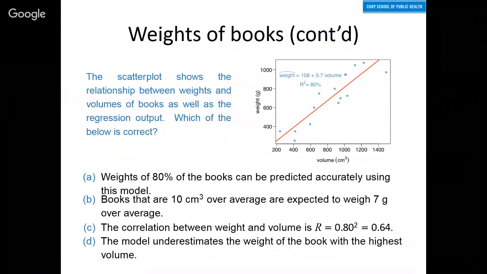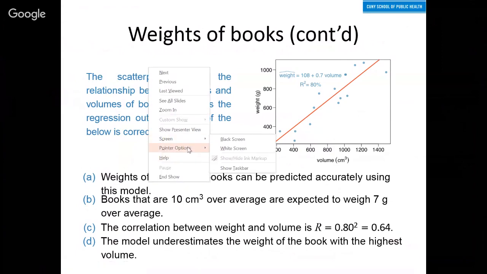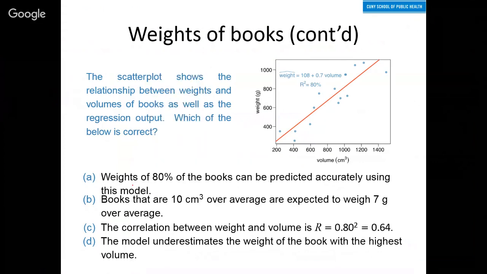Books that are 10 cubic centimeters over average are expected to weigh 7 grams over average. What do you think? Maybe true.